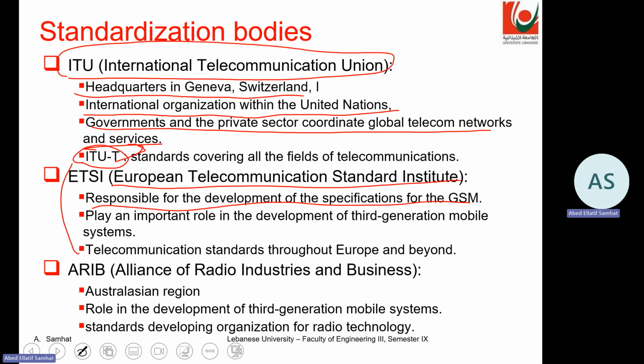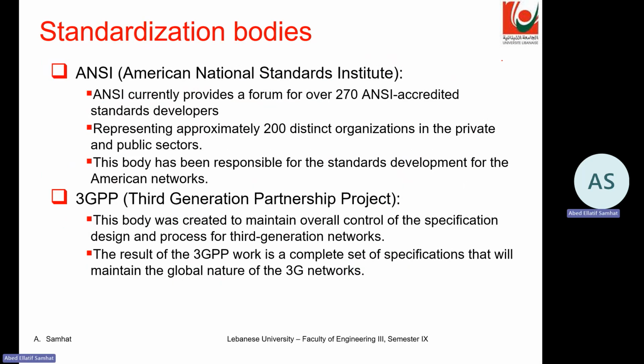Another standardization body, which is the Japanese one, is the Association of Radio Industries and Businesses. It's responsible for the standardization in the Japanese region. Another is the ANSI, which is the American National Standards Institute.